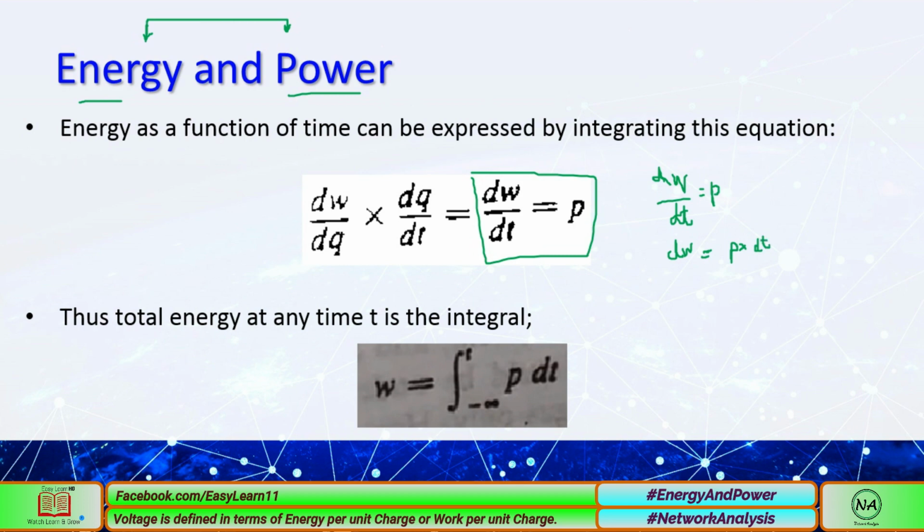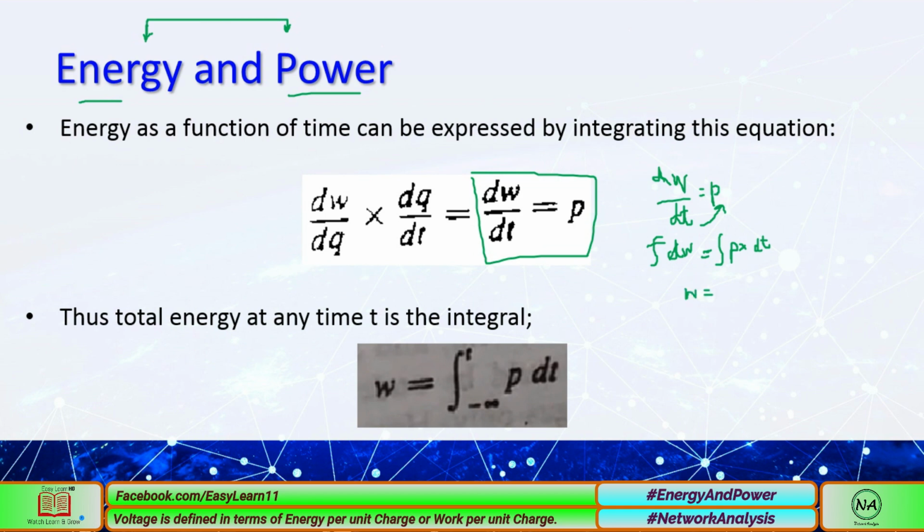From where does dt come? dt just goes to the other side, and when we take dt toward the right-hand side, it changes its position from the denominator to the numerator. Very simple maths. dw is equal to p dt. So taking the integral on both sides, the integral and the d are cancelled out.